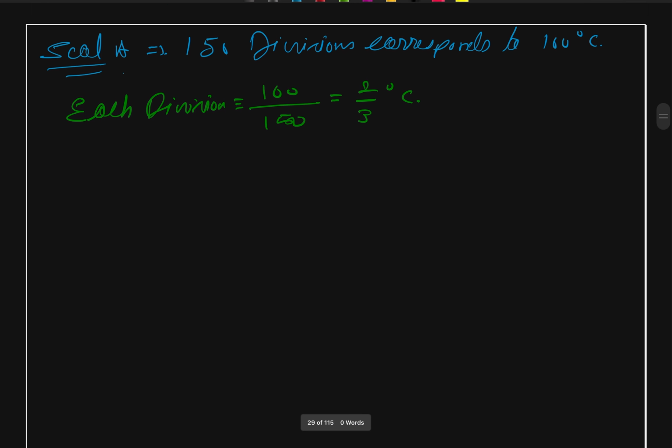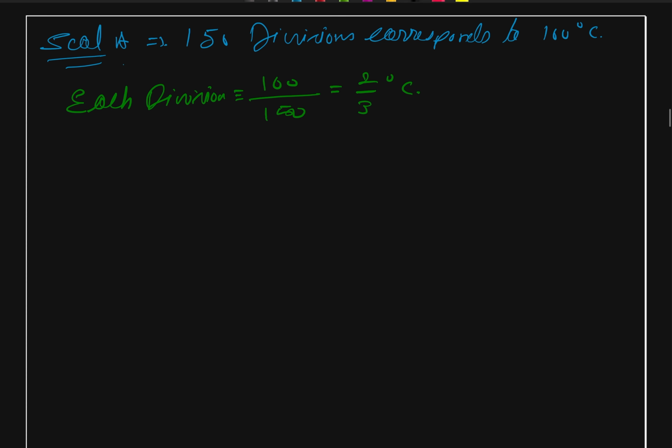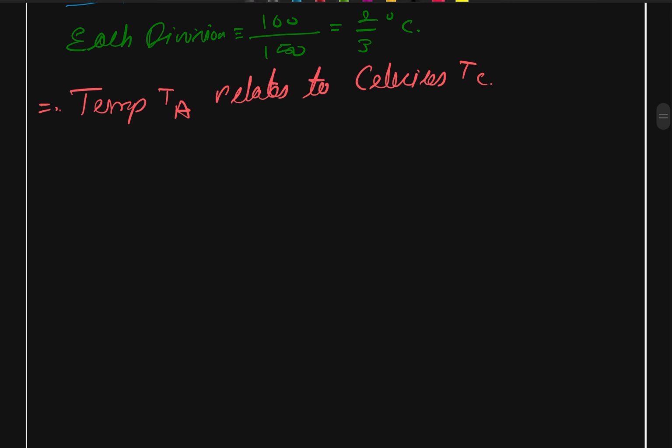So for A, if the temperature is TA, and the degree centigrade if the temperature is Tc, therefore we can write that temperature TA relates to Celsius Tc, and that is our TA minus 30 divided by 180 minus 30, and that will be Tc upon 100.